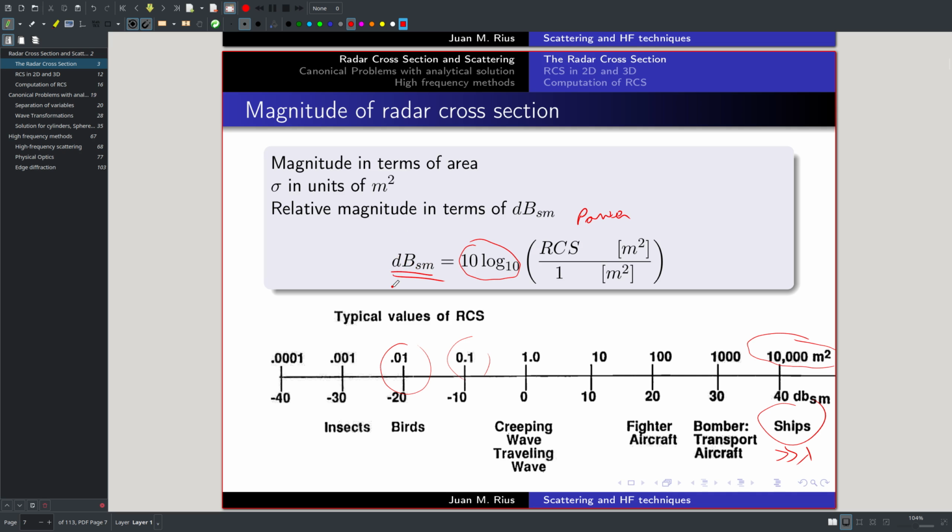We often say dBsm, which means dB square meter, because the RCS is an absolute magnitude, the units are square meters, so in dBs we have to represent a relative magnitude, so we represent the RCS relative to 1 square meter. So it is called dB square meter, and it is just 10 log 10 of the RCS in square meters, okay?